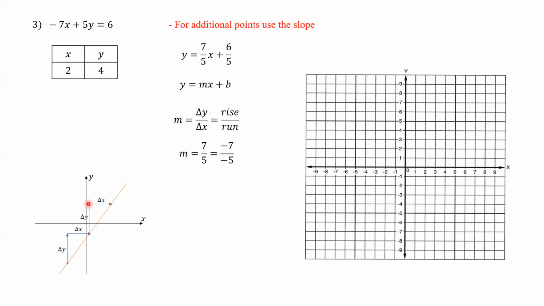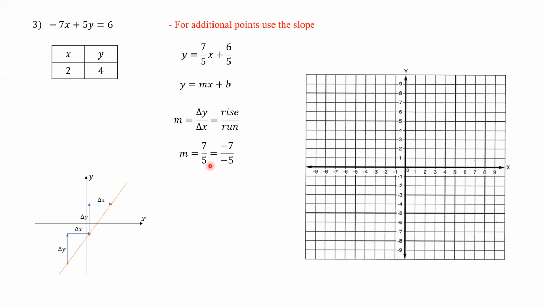Delta y units in the vertical direction, delta x units in the horizontal direction, and again, I'm going to end up at a point on the line. So this is what I'm going to use now to find my additional points. My slope is 7/5, as I said.